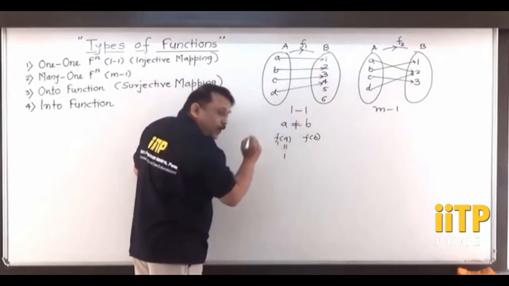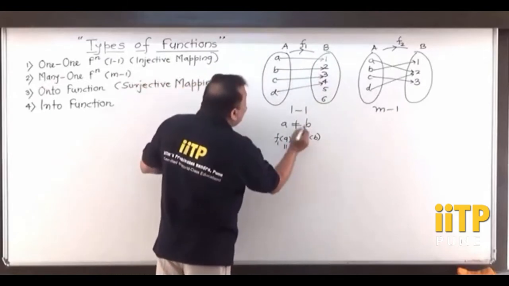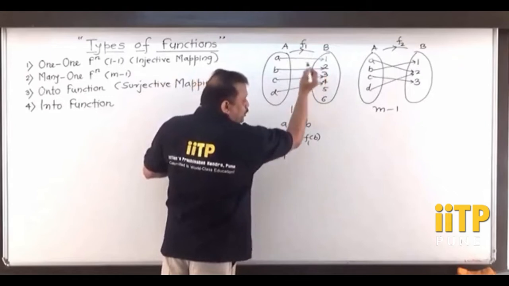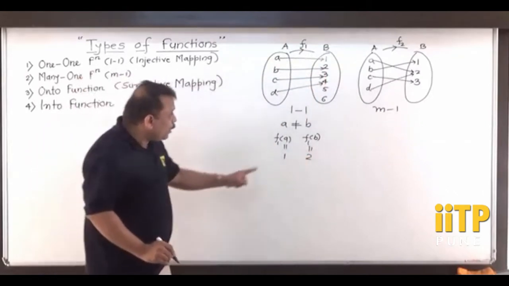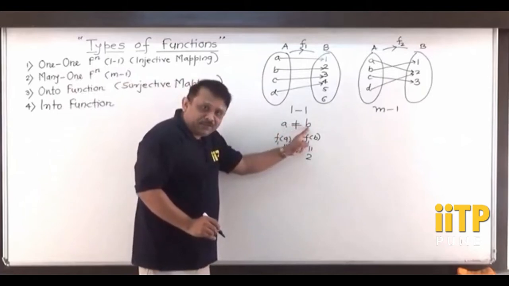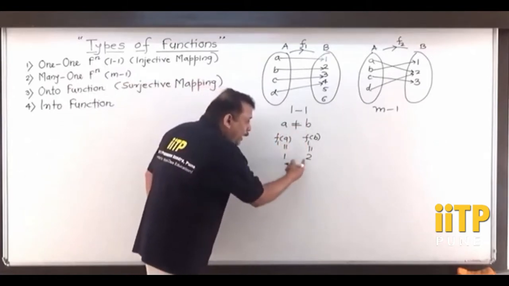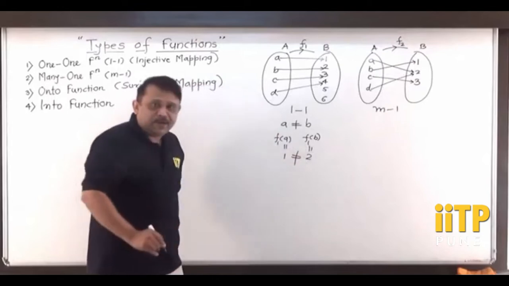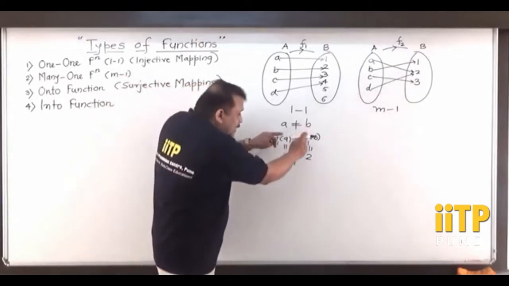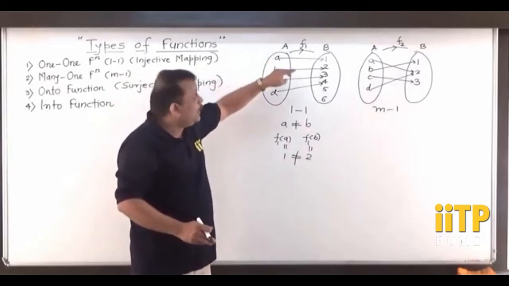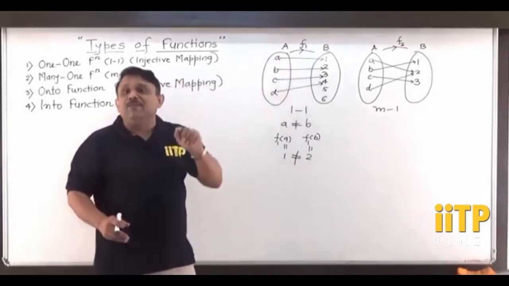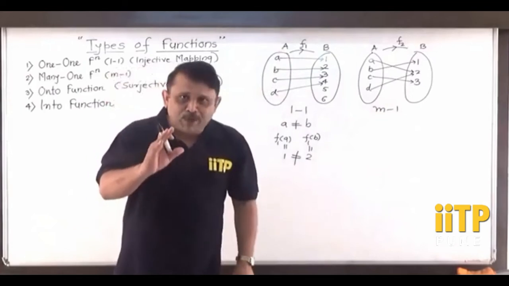So this is equal to 1. f1 of b is how much? 2. So f1 of b is 2. Because a and b are different, their images 1 and 2 are also different. Therefore, if this condition is satisfied for any 2 members of capital A by f1, then we say that f1 is a 1-1 function.